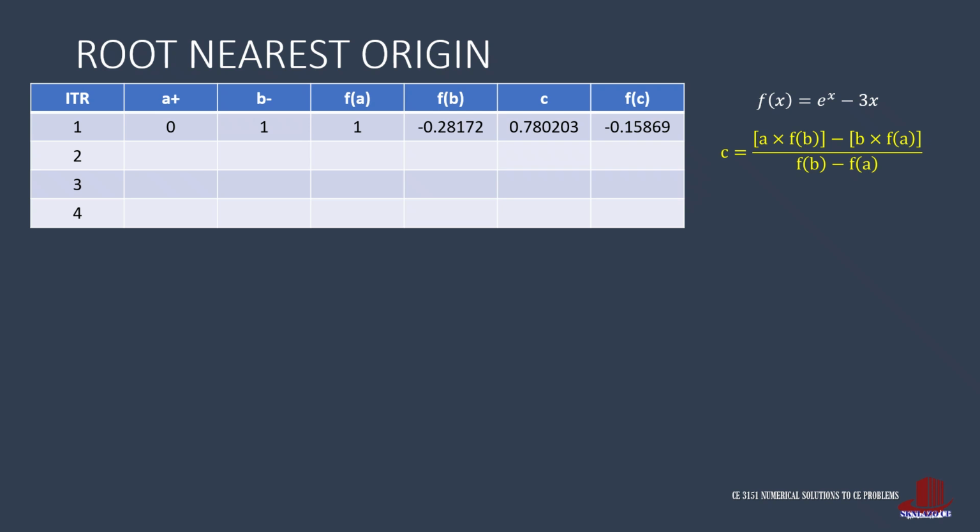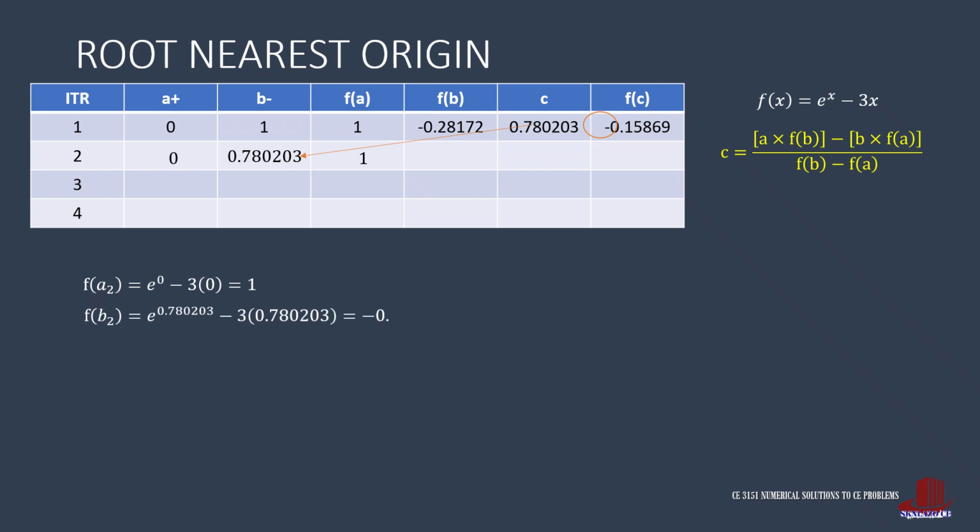To continue to the succeeding iteration, we have to generate the next A and B. By checking the sign of f of C, we can identify which limit is replaced by C. For this first iteration, f of C is negative, so C replaces B. Remember that B is the negative limit as we marked earlier. A remains 0, and f of A is also 1.